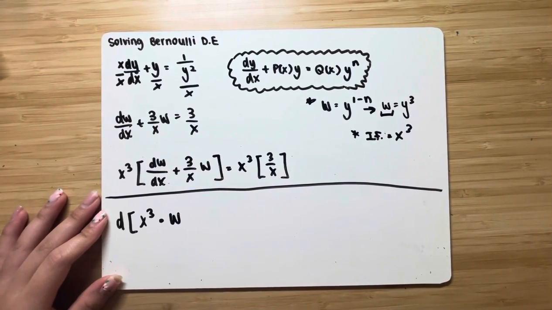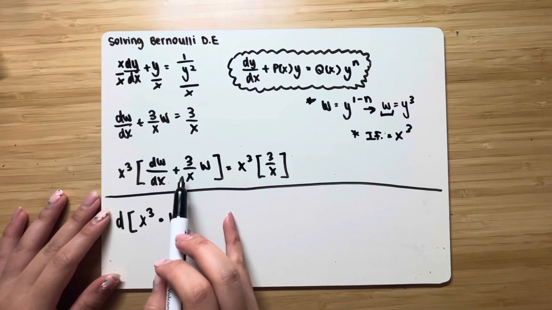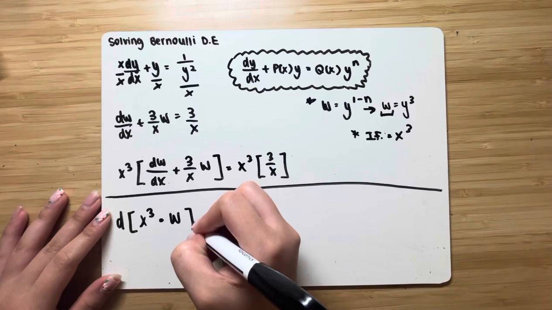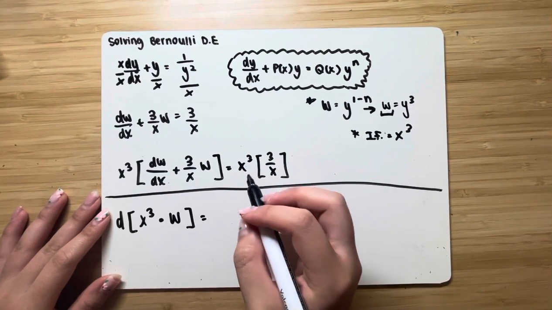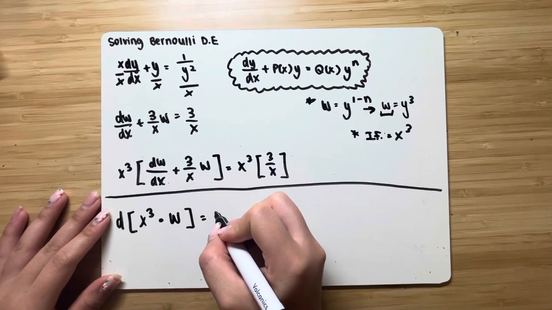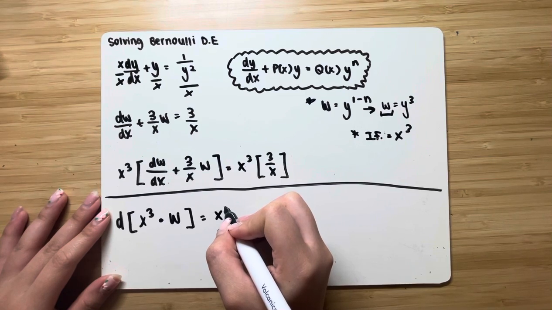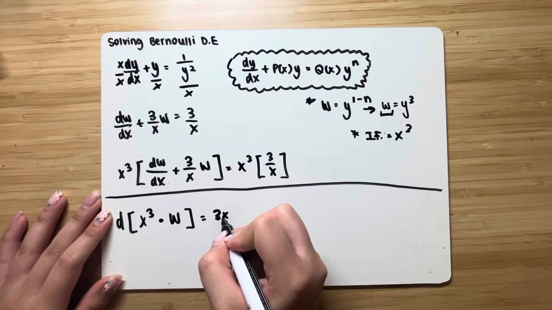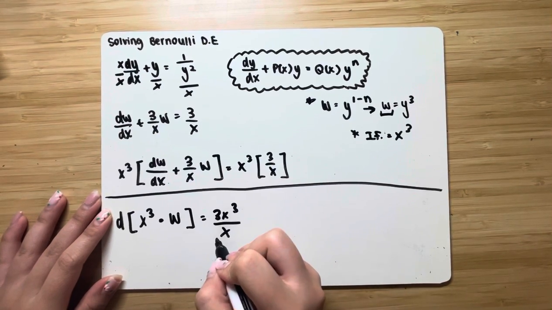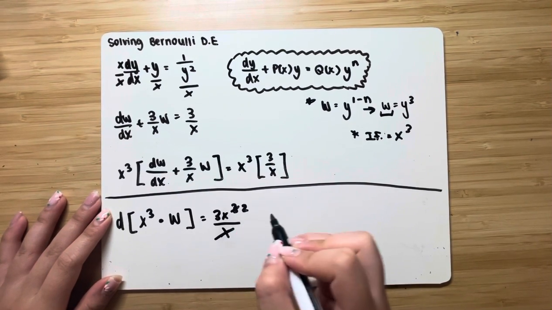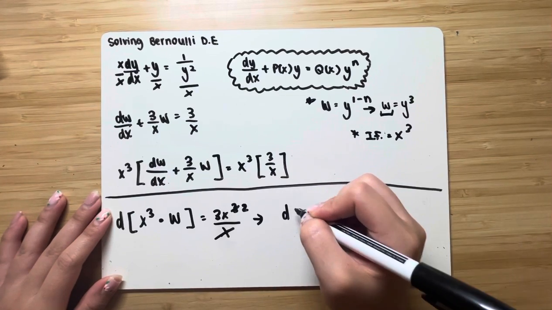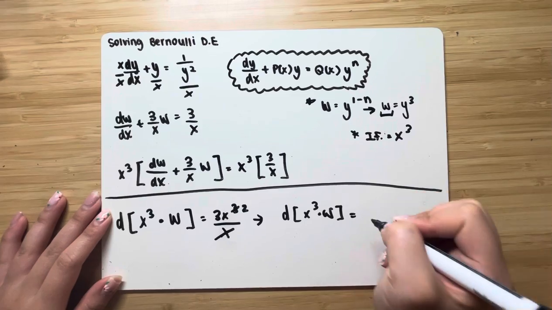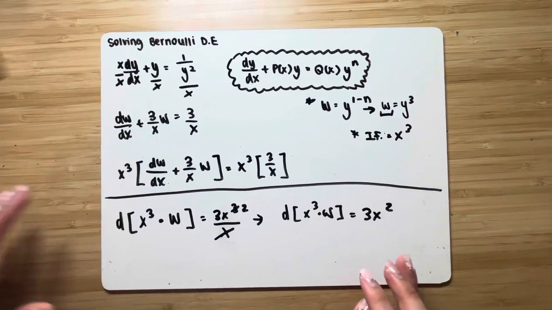It does not matter if there's anything before the w, it will always be the integrating factor times the w, equaling to this thing. So I can simplify it. It will be 3x cubed over x, which this cancels out, this becomes a square. So it is the derivative of x cubed times w equals 3x squared.